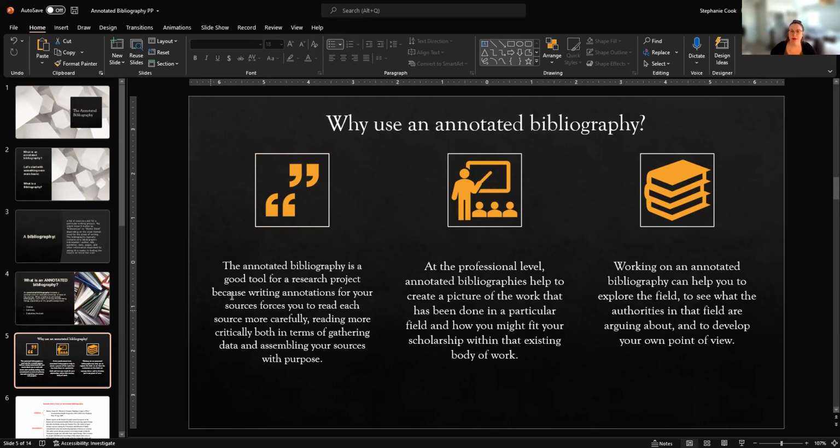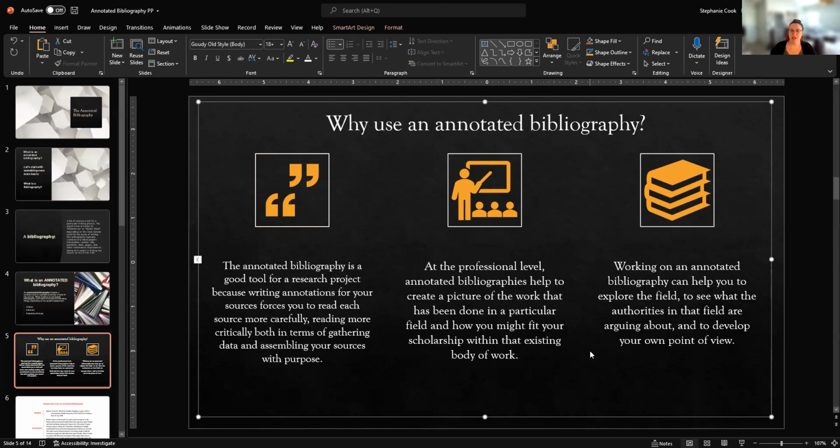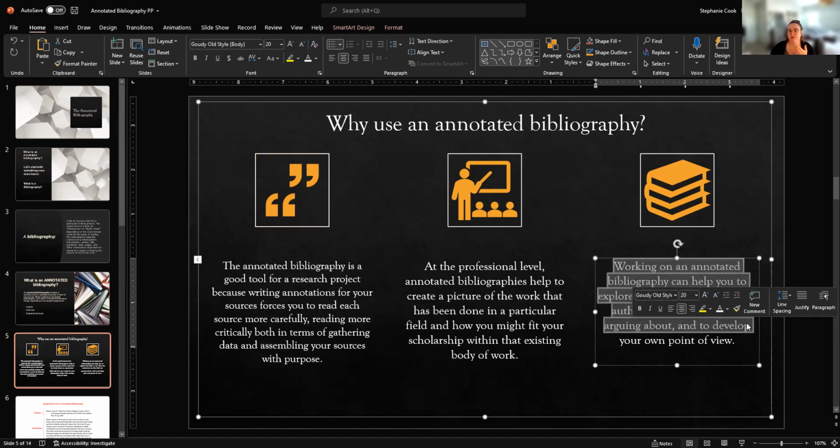At the professional level, it's creating an idea of the work that has happened in the field. It's allowing you to condense your argument or your topic of research into smaller chunks rather than thinking about this gigantic thing. And it also allows you to explore the field.